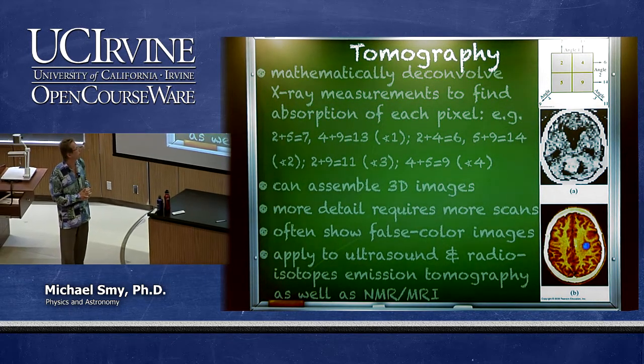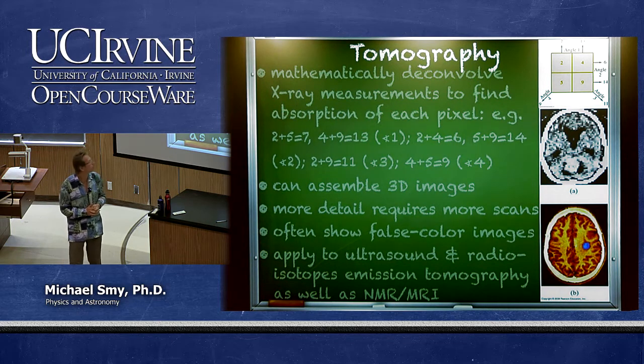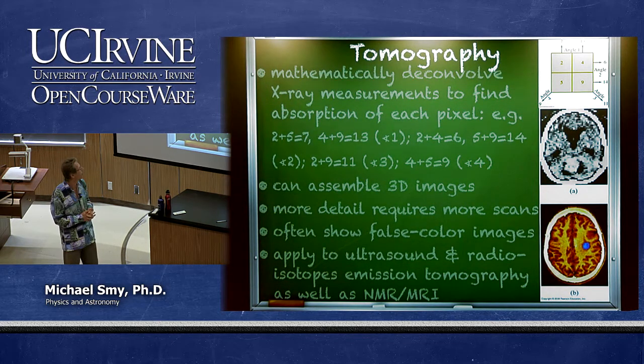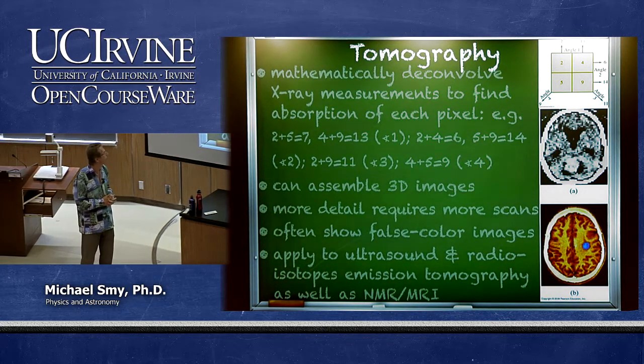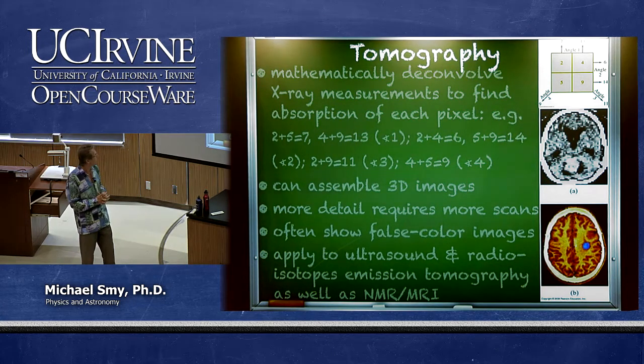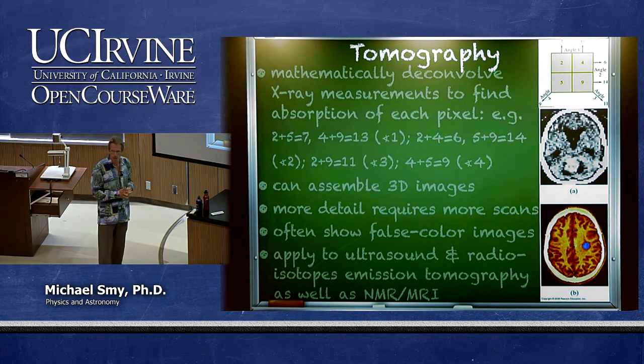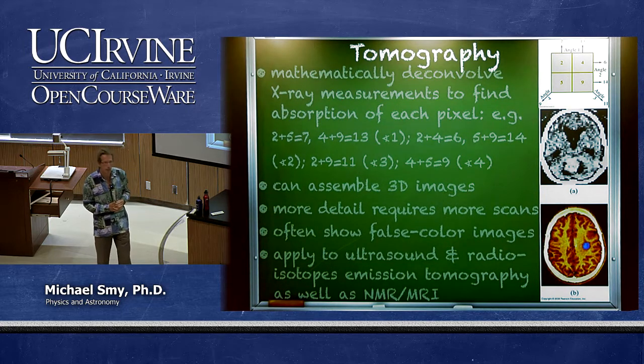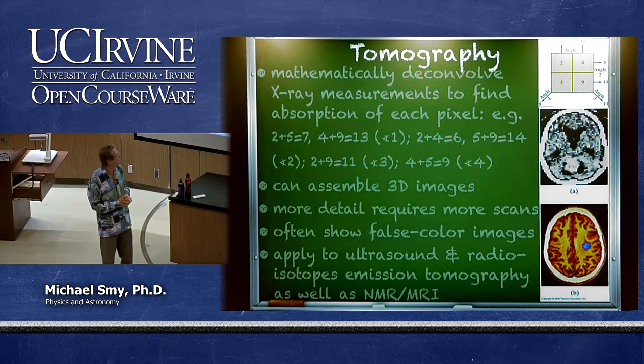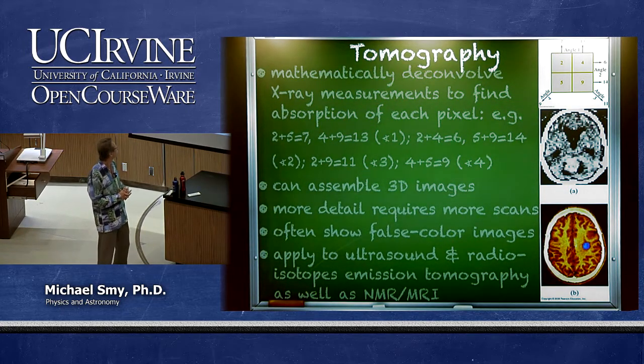And this technique works in 3D also, so one can actually assemble 3D images. And the more detail one wants, the more scans are required to have enough information to actually reconstruct the image.